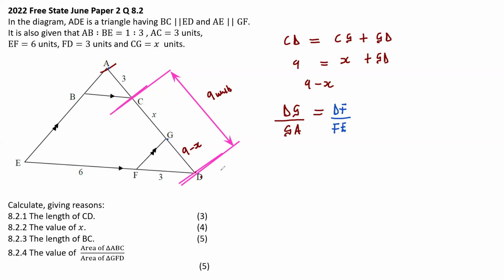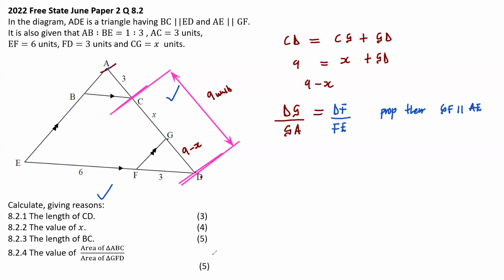Say that again: DG over GA on the other side, DF over FE. What you do on one side, you do on the other, and it's the proportionality theorem respecting the idea that GF is parallel to AE.